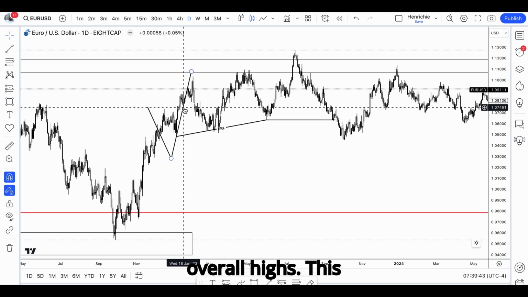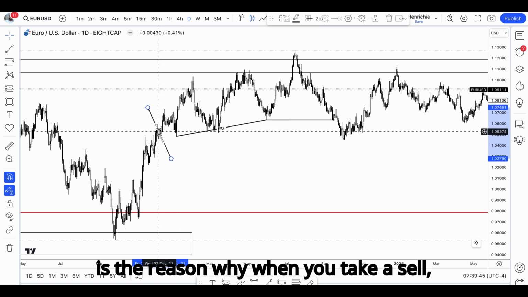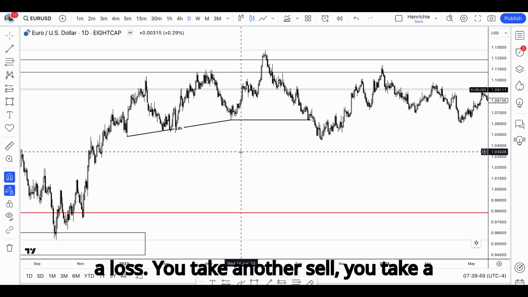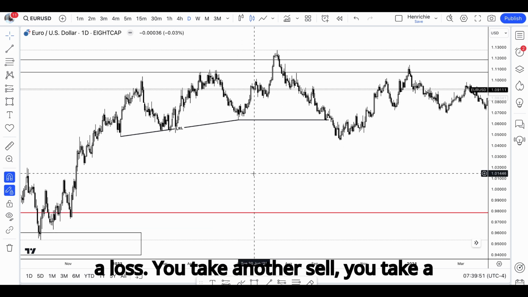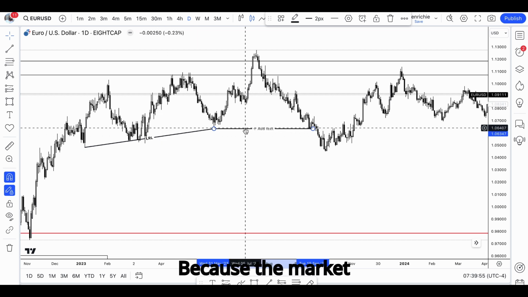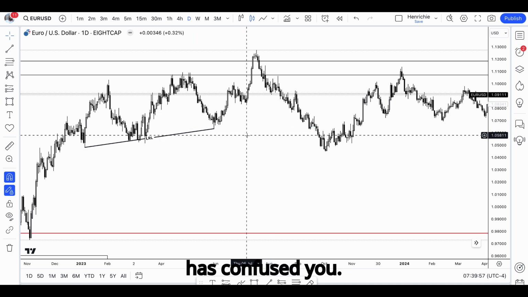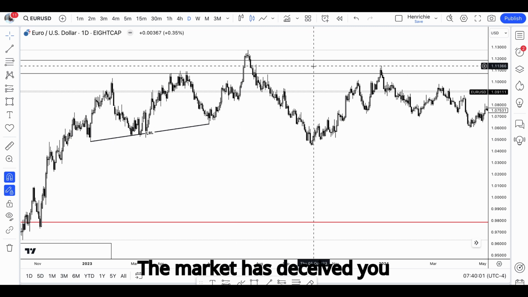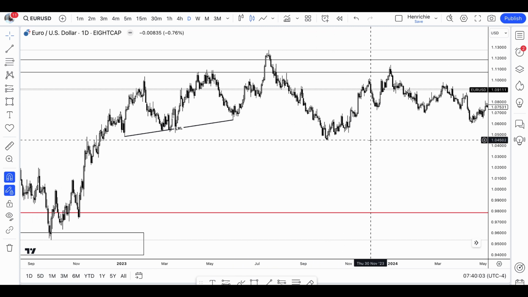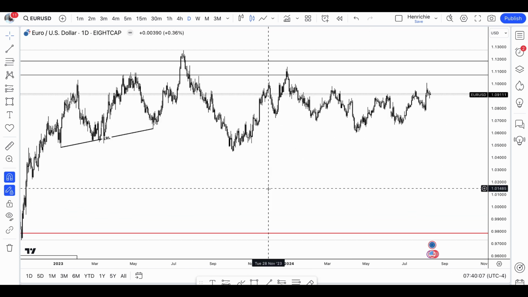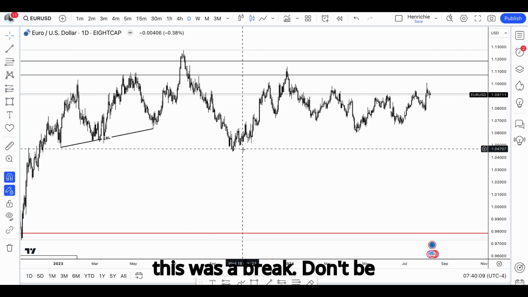And the moment price is taking this, anything could reverse the market to run the overall highs. This is the reason why when you take a sell, you take a loss. You take a buy, you take a loss. You take another sell, you take a loss. Another buy, you take a loss. Because the market has confused you. The market has deceived you into thinking this was a break.